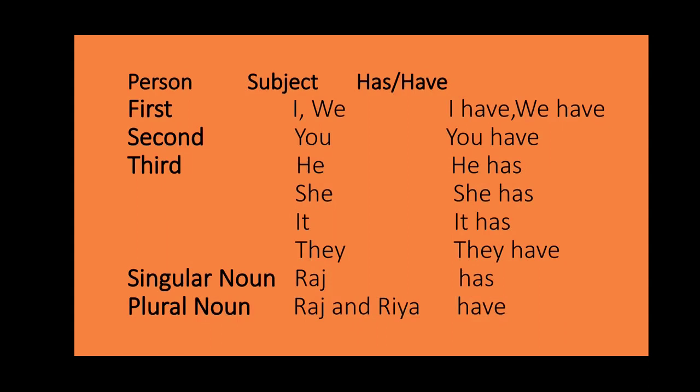So that could be a girl has, a boy has, the child has. Whereas when I make the subject plural, girls have, boys have, children have. So you have to pay attention here and use these accordingly.